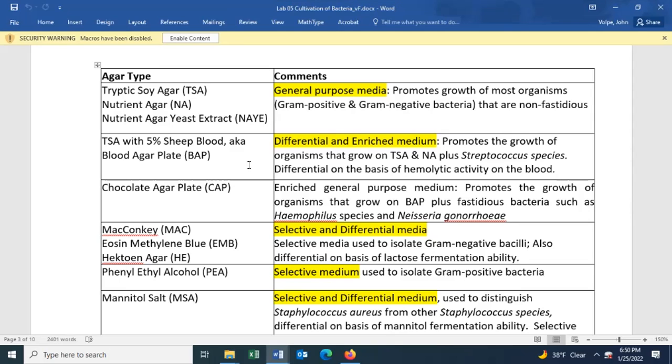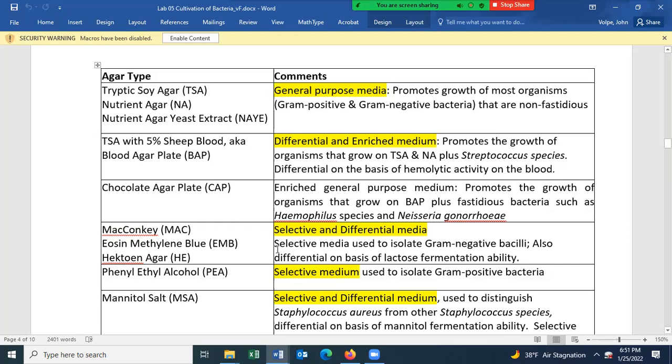Only when the temperature of the media is within that range do we add the blood. That prevents the blood from being lysed because the agar is still fluid, but it's cool enough that it doesn't lyse the blood. Below 50 degrees, I don't remember exactly, but somewhere like 49 or 48, the agar starts to solidify. So you have to add the blood while the agar is still a liquid.